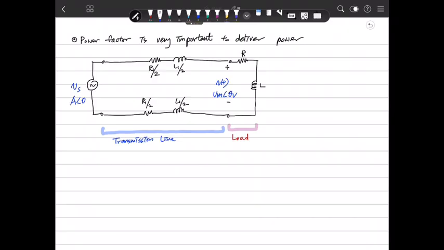The load requires the terminal voltage of the load. That means the load requires Vt, not Vs. The load doesn't care what Vs is. It needs exactly 220 volts at our outlet.